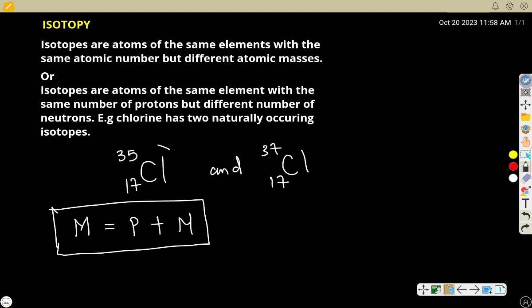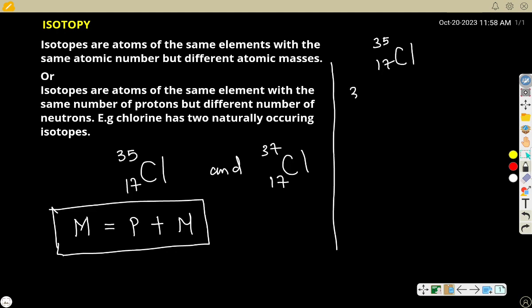So now let's take this chlorine as example. Remember they both have 17, that is the number of proton. Now let's take 35. The mass number is 35. So for chlorine 35, atomic number 17 or number of proton. So use this relation now.